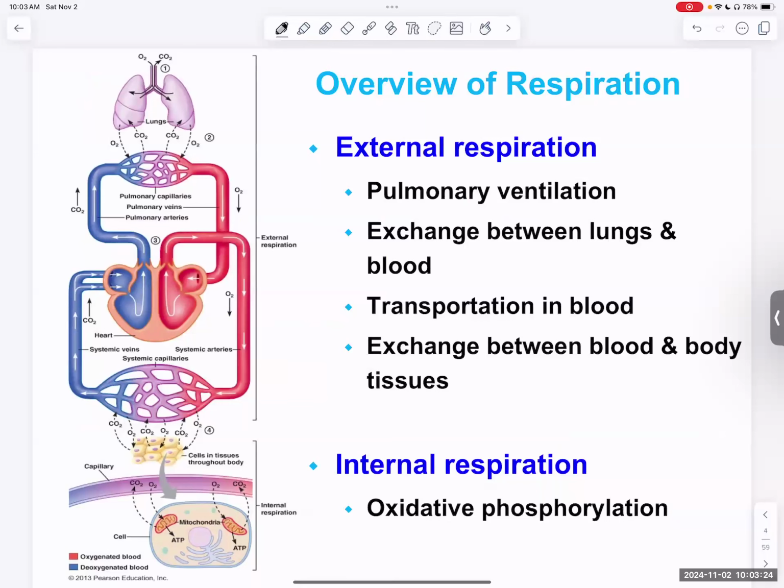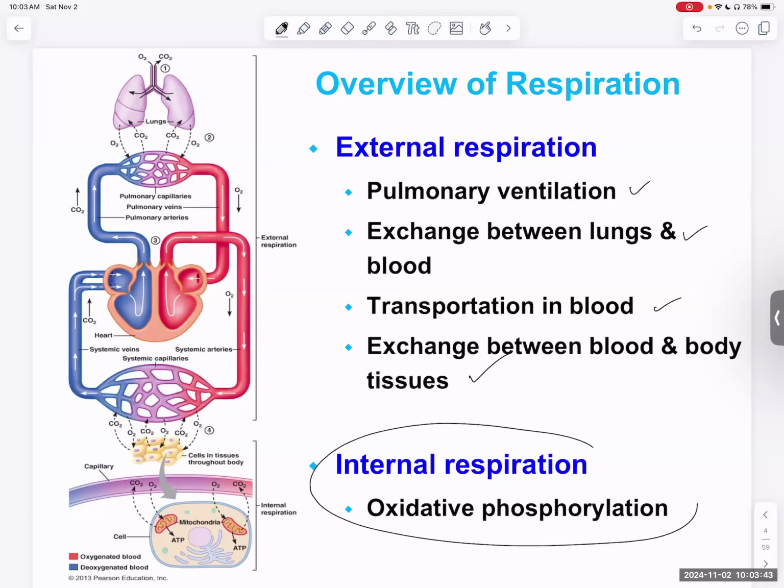So we have pulmonary ventilation, we have exchange of gas, carbon dioxide and oxygen, between the lungs and the blood, then we transport it throughout the body, and then we have internal respiration between the blood and the interstitial fluid and then the cells. All that so we can have cellular respiration.